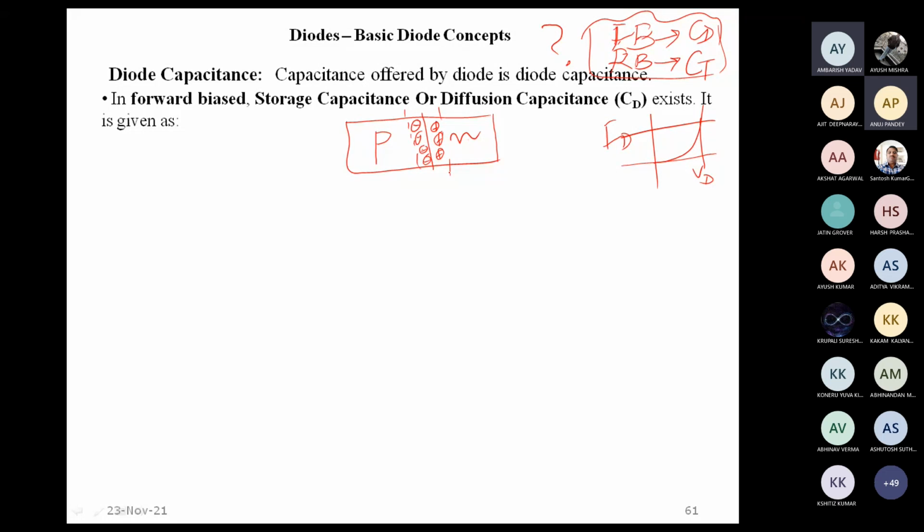So on the N side we have the positive donor ions, and on the P side we have the acceptor ions, negative ions, across this junction. One thing we can see here is that there is no mobile charge carrier in this region.